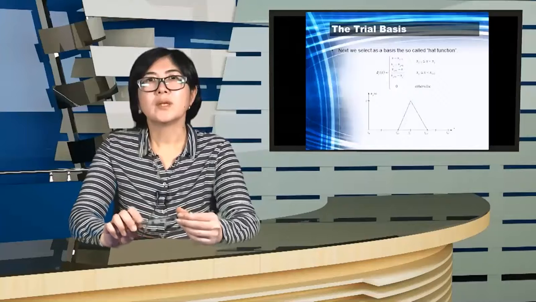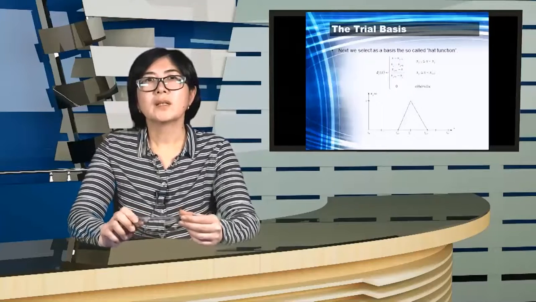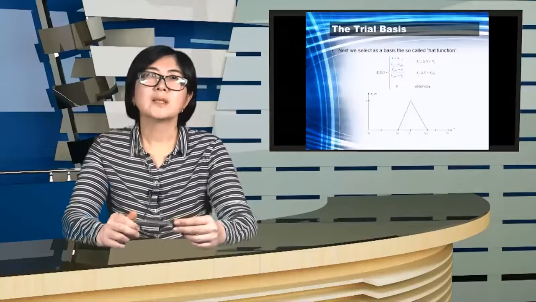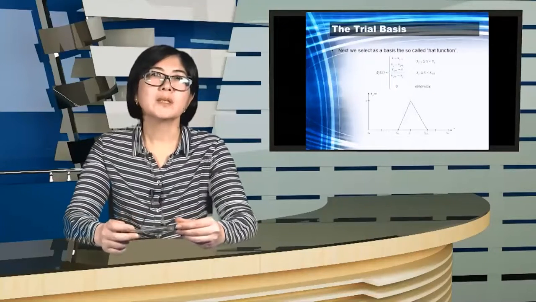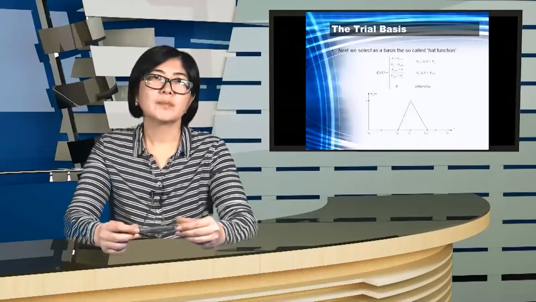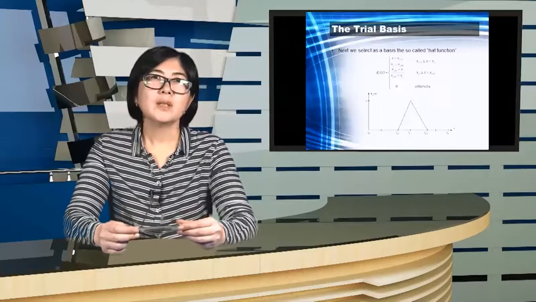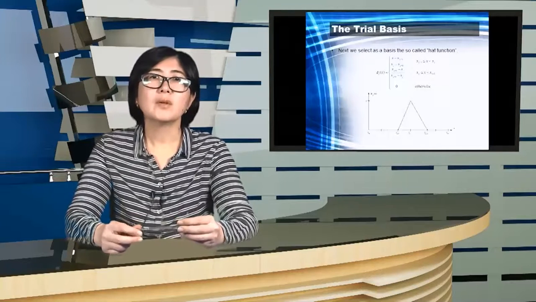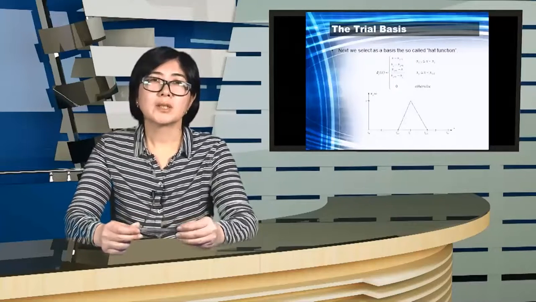As we will see, this way we obtain tridiagonal matrices instead of dense matrices, which makes the solution of the problem less computationally intensive. A suitable trial basis for these problems is the linear hat function, defined as the following expression.